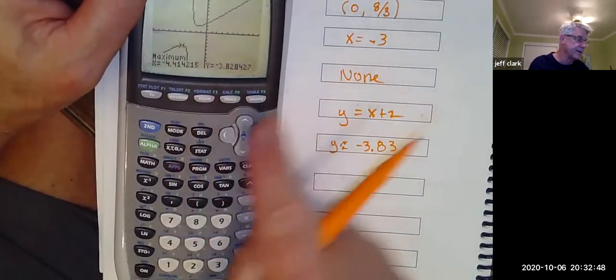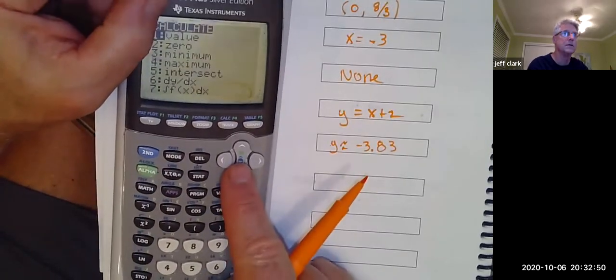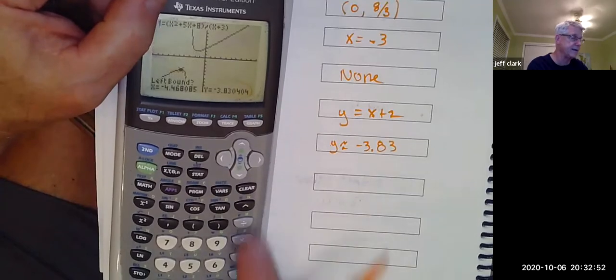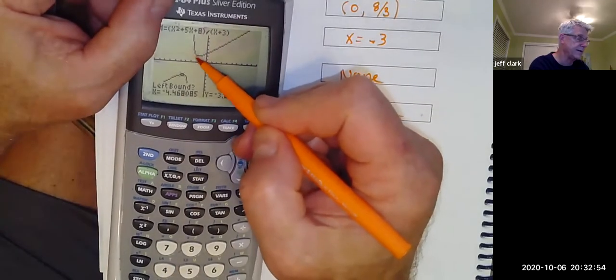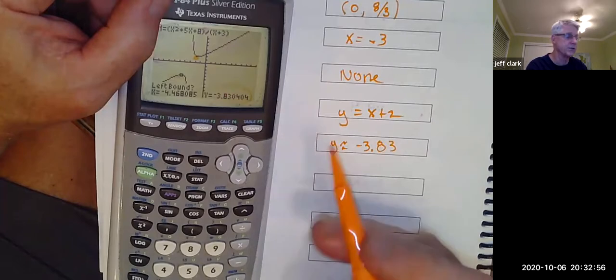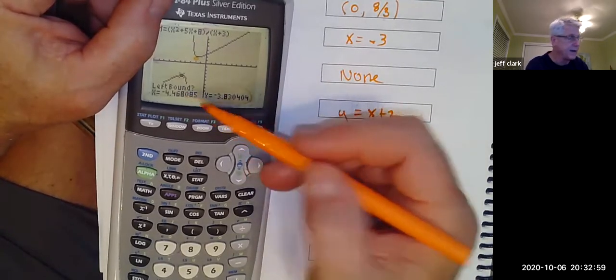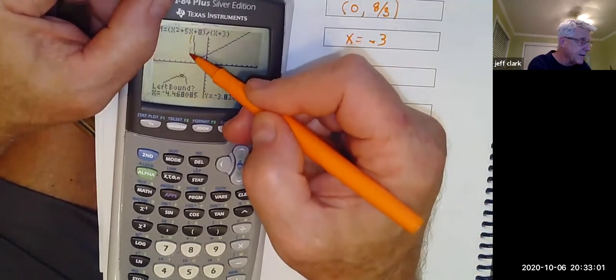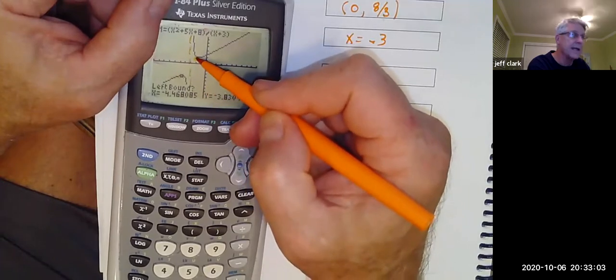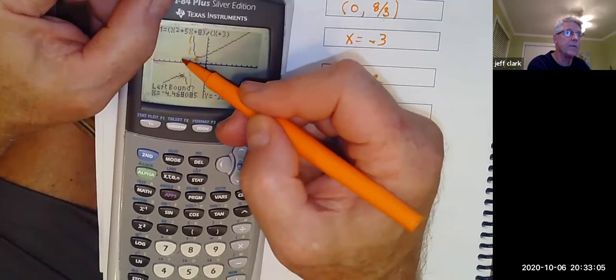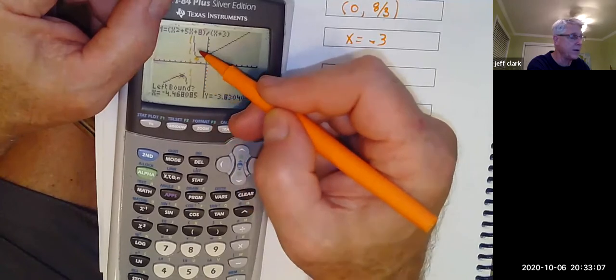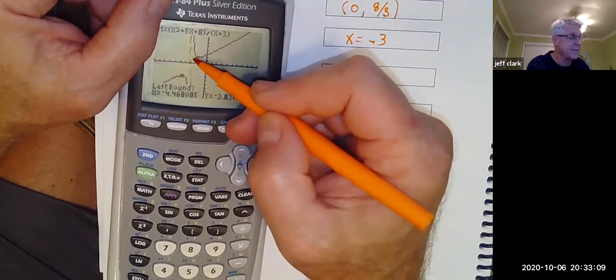So we do this all over again, second calc, but we do minimum because it's a valley right here. Don't look at the cursor, look at the question. Left bound: I can't go past that wall. I want to be to the left of that orange dot, on this side of the wall.